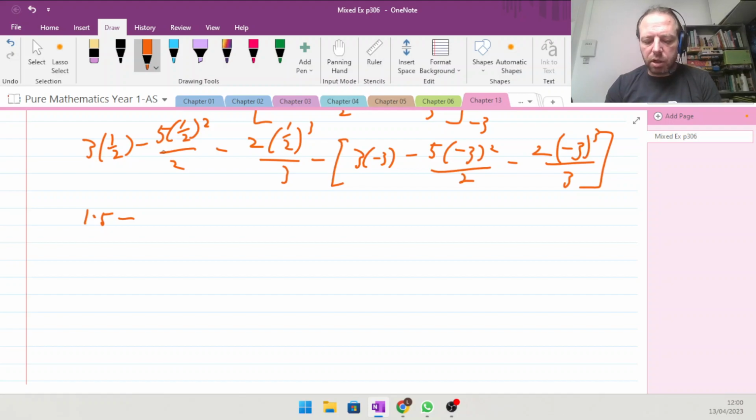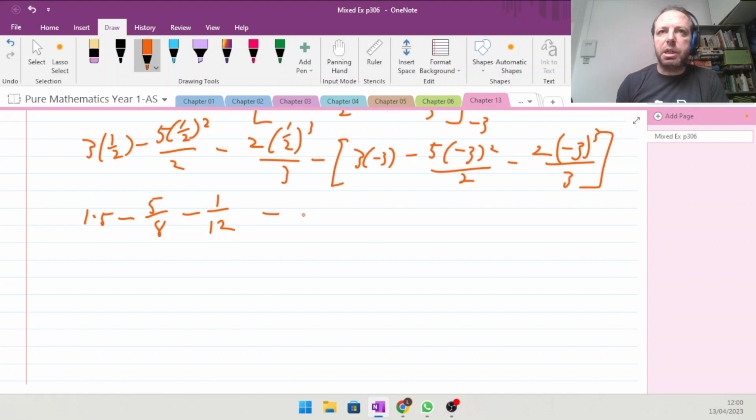Okay, so what do we have? 0.5 squared is obviously a quarter, times 5, divided by 2 gives us 5/8, so we have minus 5/8 minus, what's that, 0.5 cubed, an eighth, times 2 divided by 3 is a 12th. Okay. What's that?